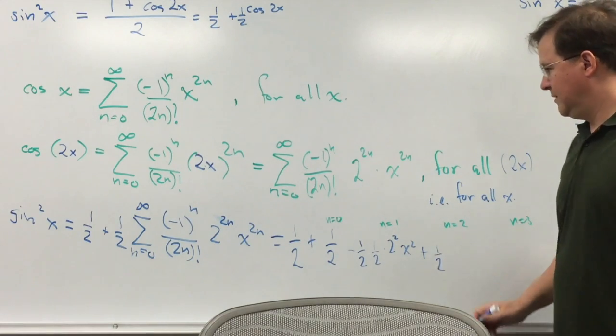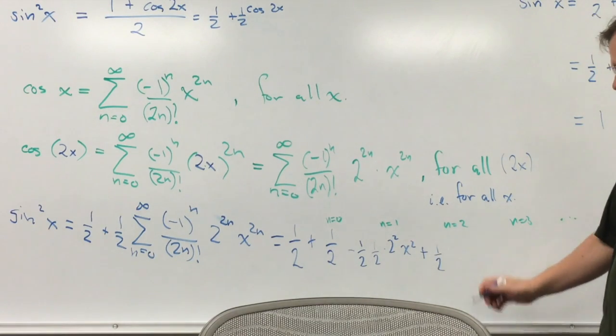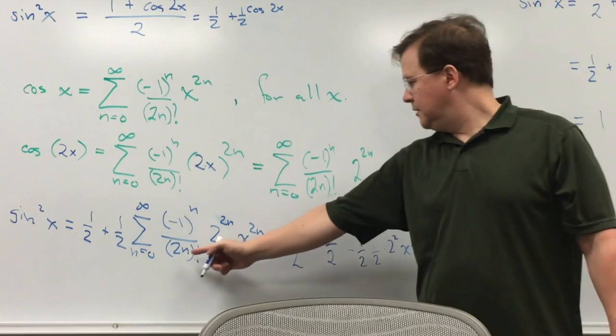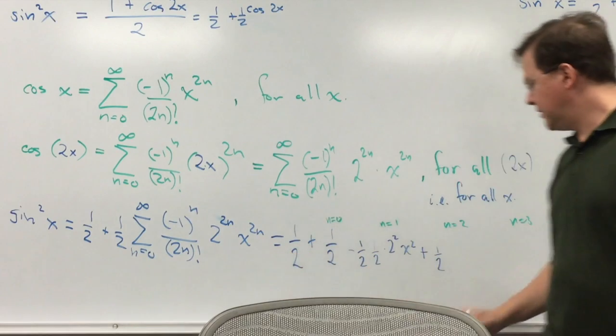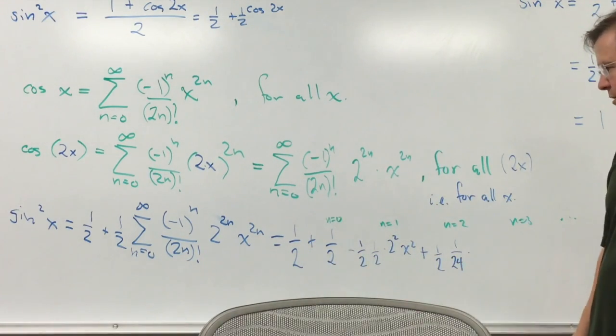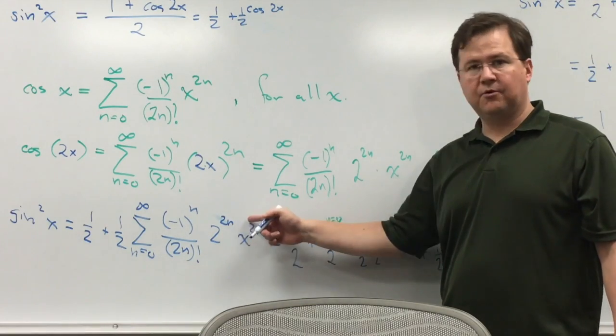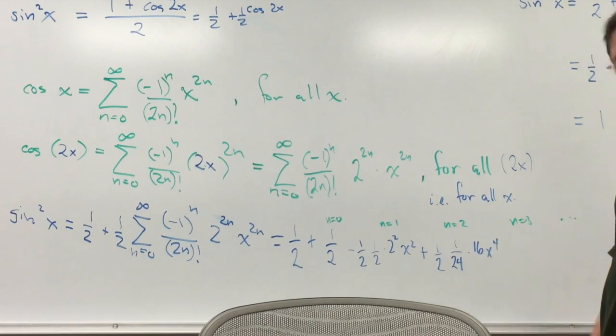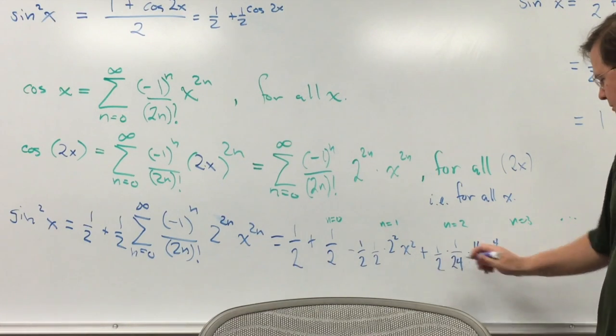plus 1/2 of, so when n equals 2, 4 factorial, that's 24, I think, times, n equals 2, that's 2 to the 4th, so I think that's 16, right?